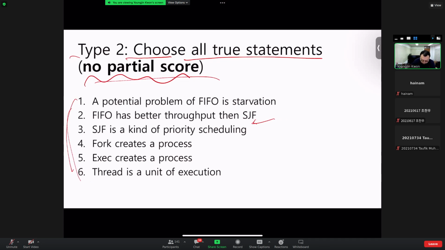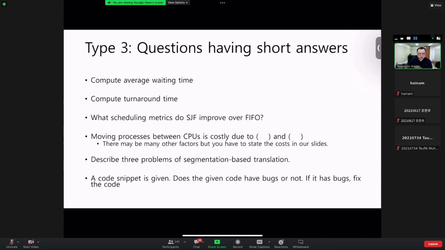The third question type is simple short answers. For example, compute average time, compute turnaround time, what scheduling metric SJF improves over FIFO, or why moving processes between CPUs is costly, explain that, or describe 3 important problems of segment-based translation.